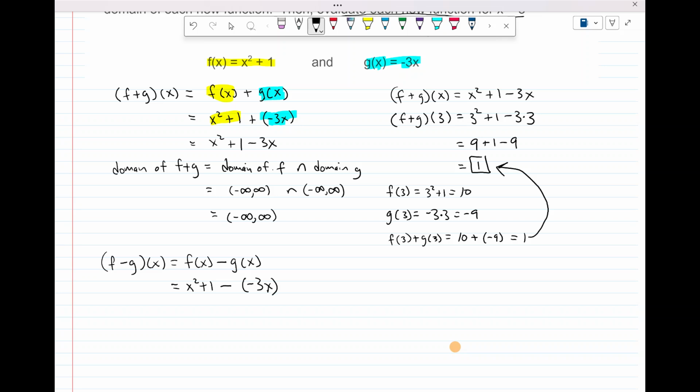And notice here we end up with a double negative. Again, a double negative is the same as a positive. And so now we have our function. And our domain of f minus g is going to be equal to all real numbers, for very similar reasoning as we followed up here.